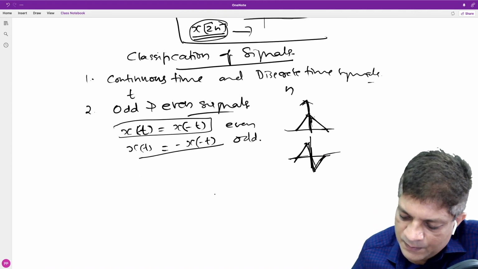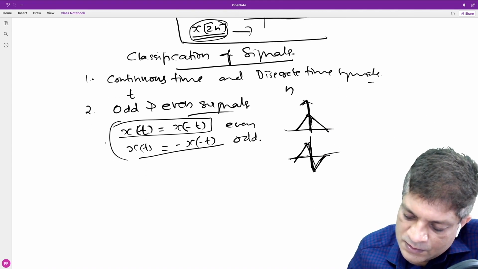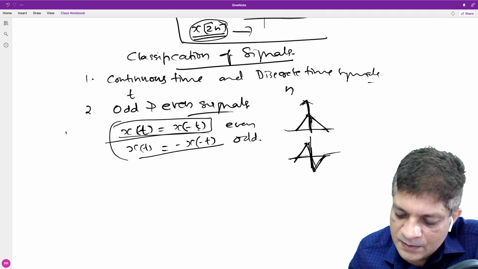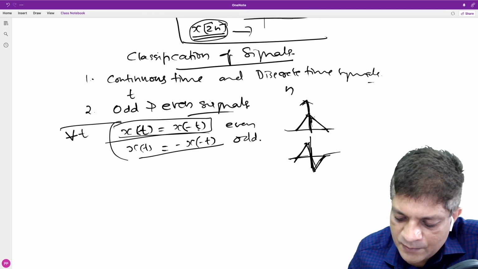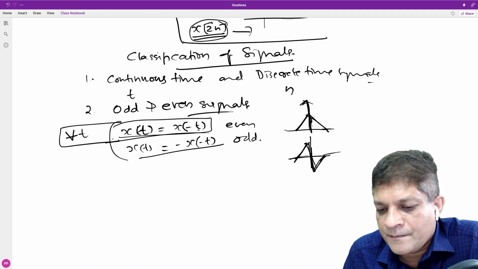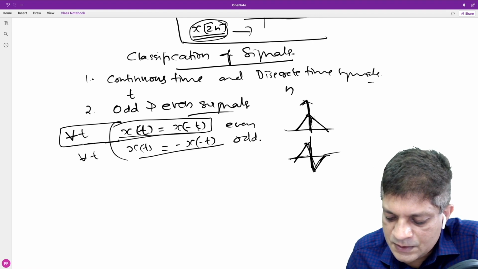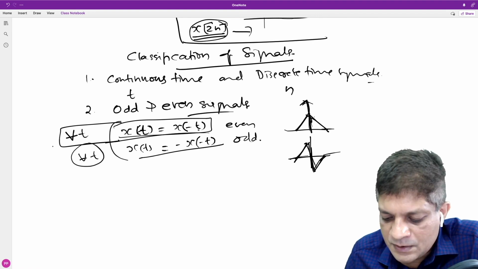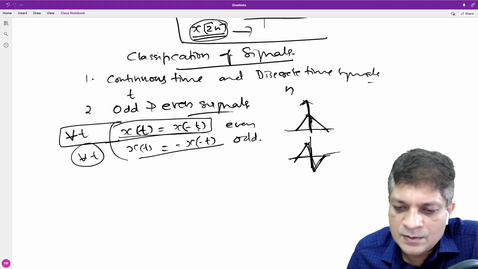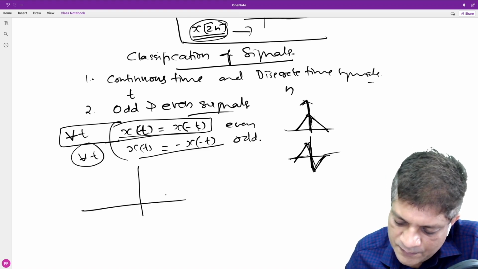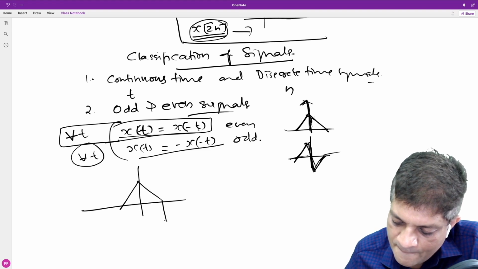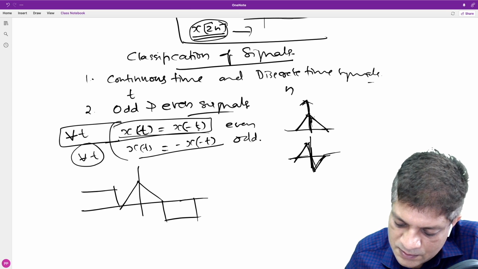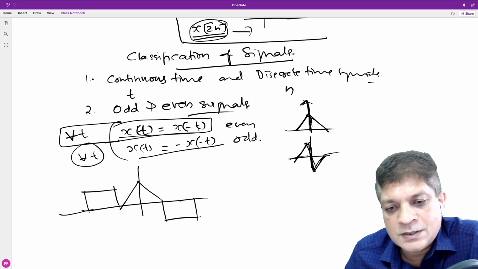One thing you have to keep in mind is that when you say x(t) equals x(minus t), this should be valid for all the values of t. These conditions must be valid for all the values of t. Then only we can say that it is an even or odd signal. For example, if you consider this signal, is it an odd signal or even signal?